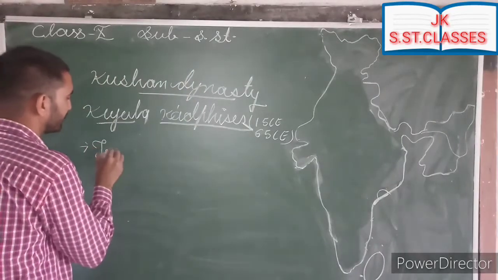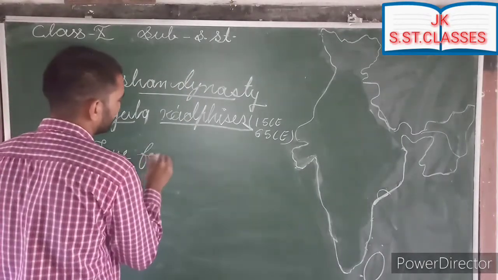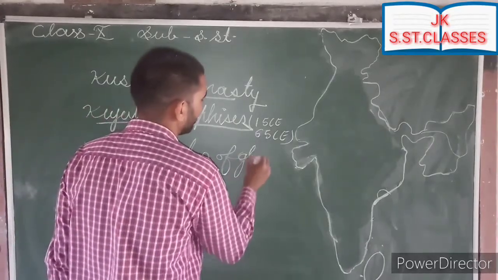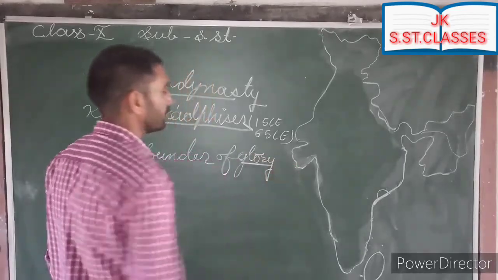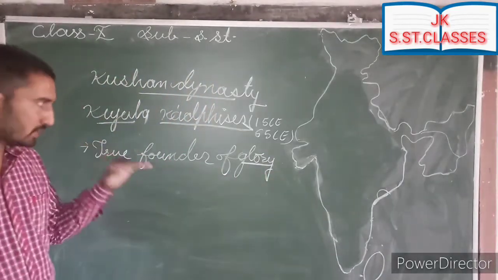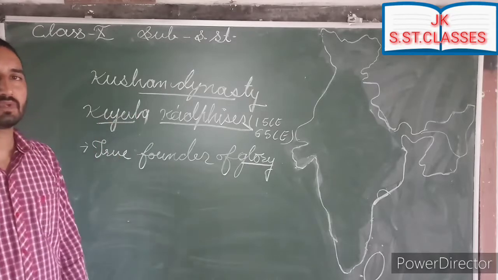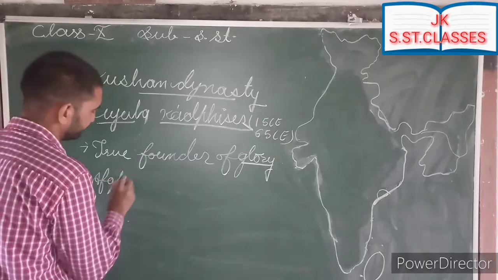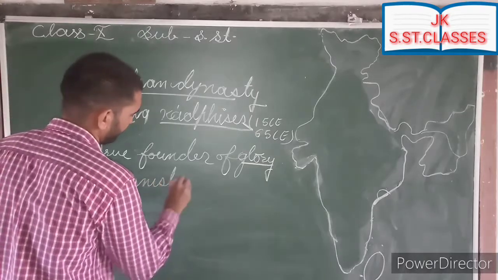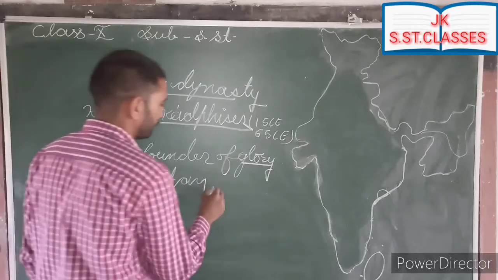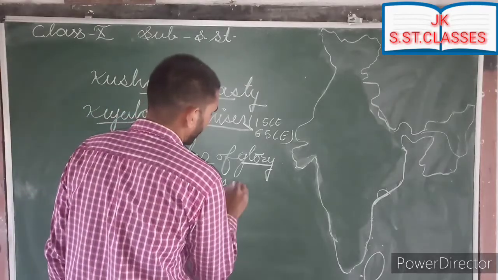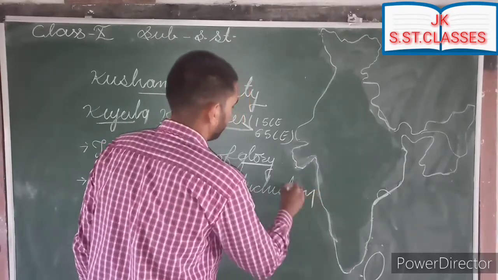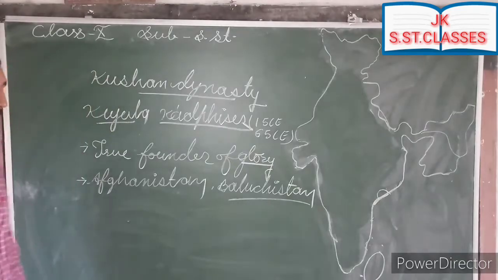The true founder of the glory of this dynasty. Means we can say that the foundation of this Kushan dynasty was truly laid by Kujula Kadphises. He occupied the regions of Afghanistan and Balochistan, and in this way started this dynasty in India.